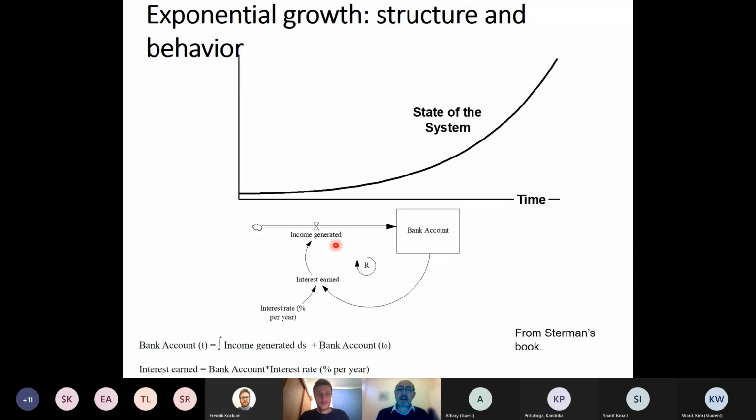So when you are thinking in terms of measurement and data sets, most of the time you will have the information about what is happening in the stock, but very rarely will you have the information of the flow. However, sometimes you have the information of the flow, and if you have it, you may infer what is happening to the stock.